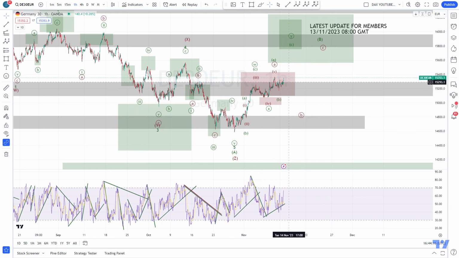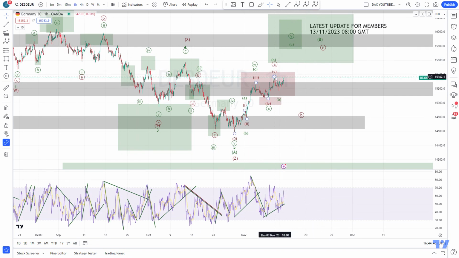So therefore, I would go with the WXY as the wave B. Okay, so let's see how this further unfolds from now. The primary expectation would be that we are having kind of a trick right here, and that we get something impulsive as a wave C.